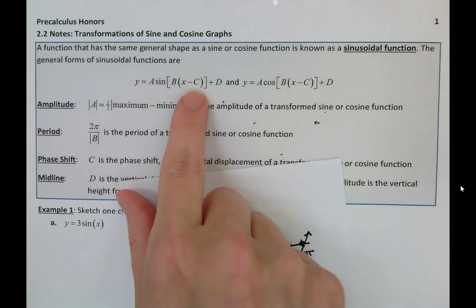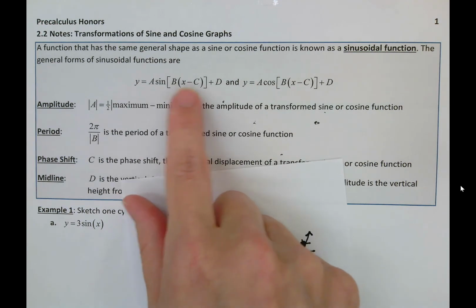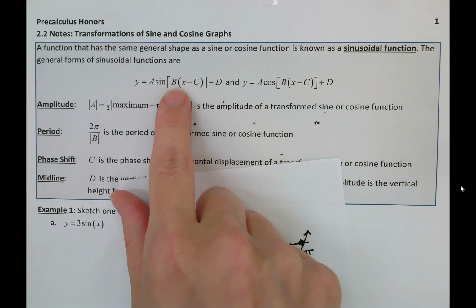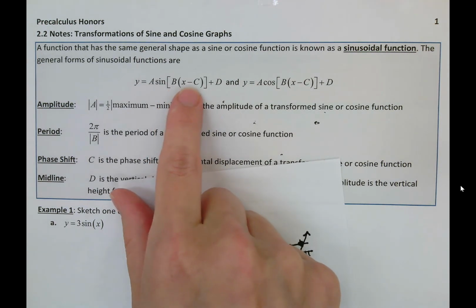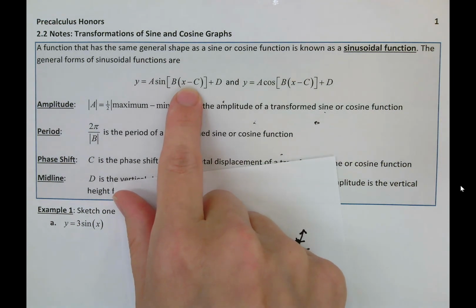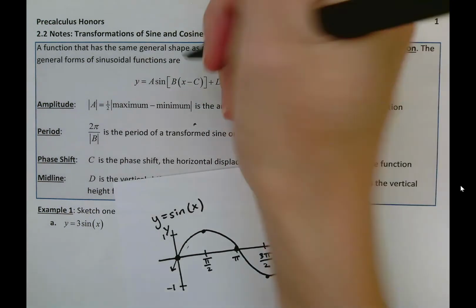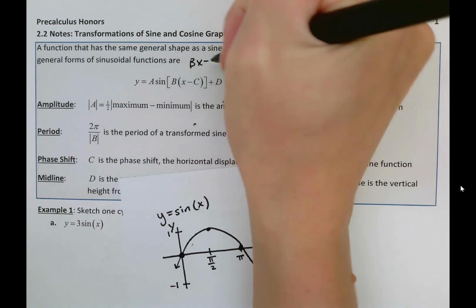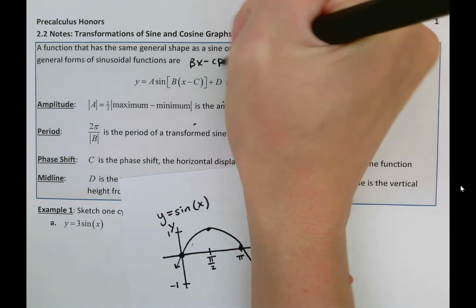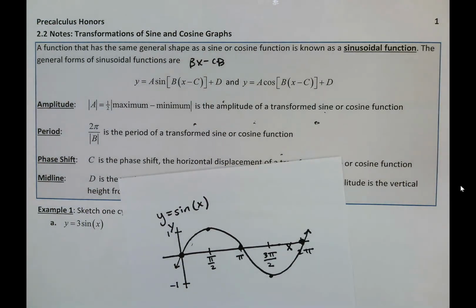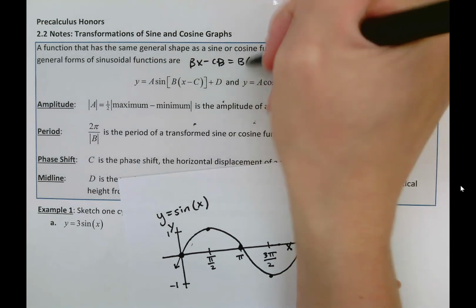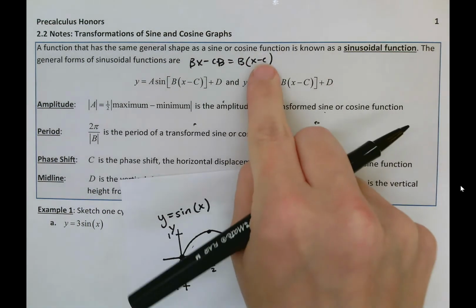Then we have this c value. Now notice this is really important, that the b value has been factored out of this expression, this argument that you're taking the sine of. So that's very important, especially in trig graphs, that if you have something like bx minus some multiple c times b, then you've got to factor that b out in order to see what that phase shift is.